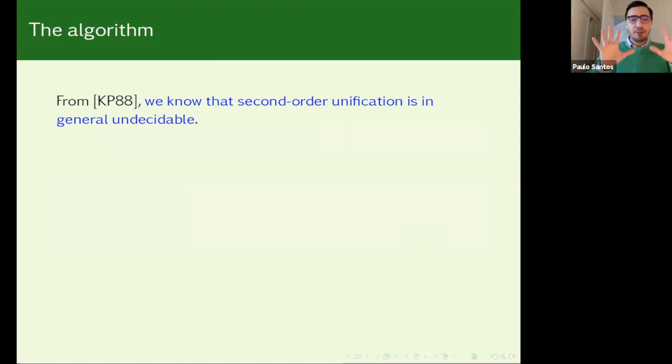Okay, now I'm going to show you the idea of an algorithm that we have developed. This algorithm is not very interesting on its own. We developed it to guarantee that a general class of algorithms that we assumed is not empty. To develop this algorithm, we consider this reference, from which one knows that second order unification is in general undecidable.